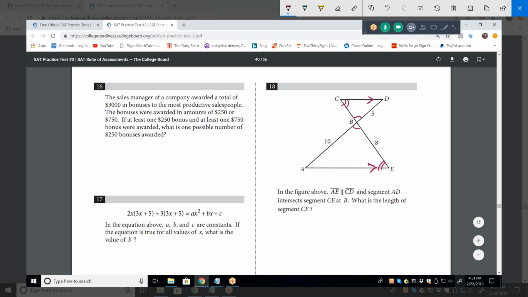They're alternate interior. And if two angles are the same, the third one has to be the same. In other words, D has to be the same as A. So I'm looking at two similar triangles. And what do we know about similar triangles in terms of their proportions?